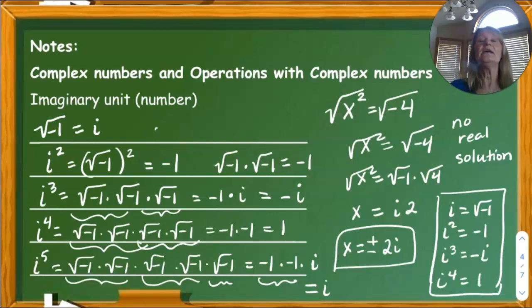And then it would repeat itself over and over again. That's a lot of stuff, but for the most part, if you can memorize the first one and remember the last one, you're pretty good.